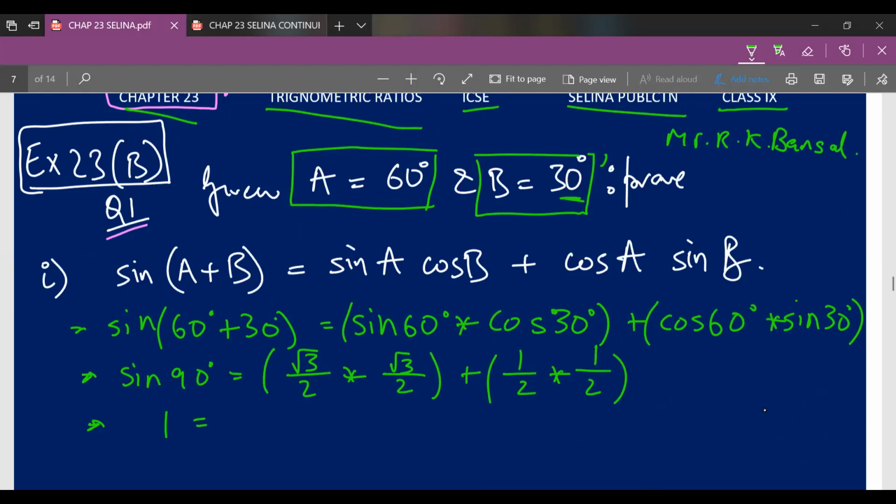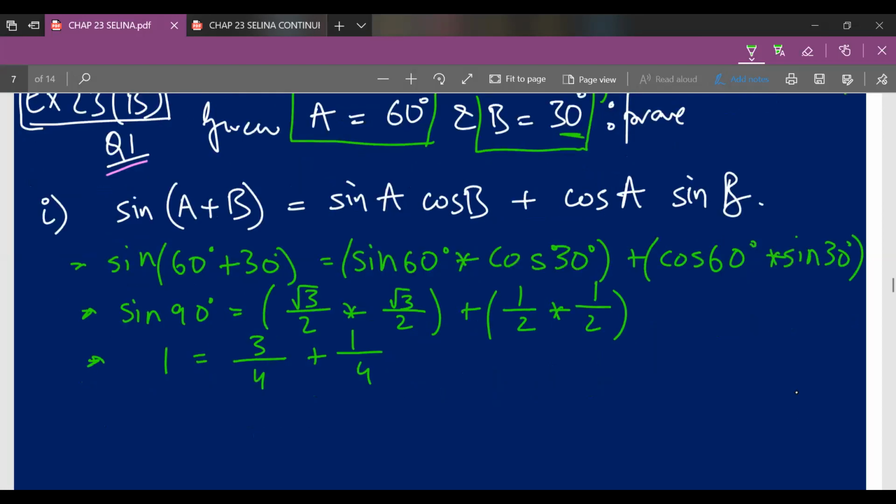Root 3 into root 3 will be 3 upon 2 into 2 which will be 4, plus 1 into 1 which will be 1 and 2 into 2 which will be 4. So I'll scroll down a bit. So 1 will be 1 only, is equal to 3 plus 1 upon 4. Now because our denominators are same, no need to take LCM, so the denominator will remain same. 3 plus 1 which will be 4, which will be equal to 1.